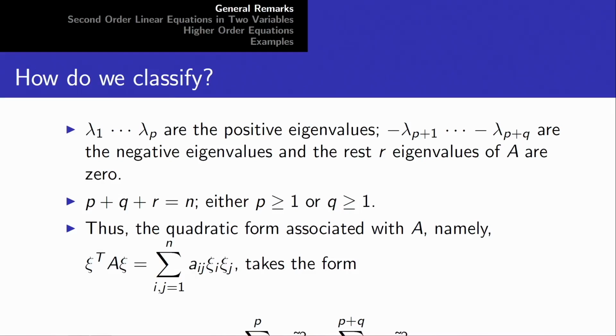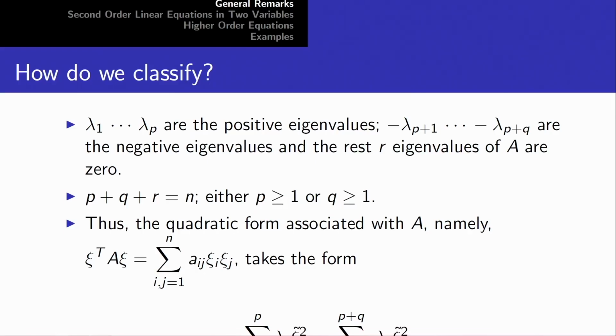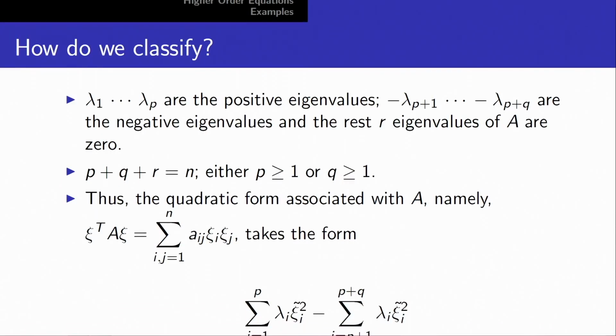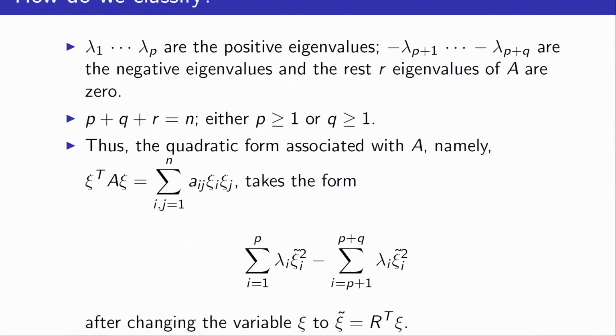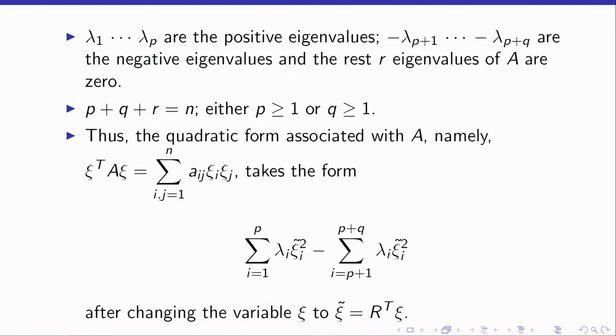Then you change the variable from xi to xi tilde equal to R transpose xi. R is the matrix that diagonalizes A, the rotation matrix. Using the diagonalization process, the quadratic form takes the diagonal form.